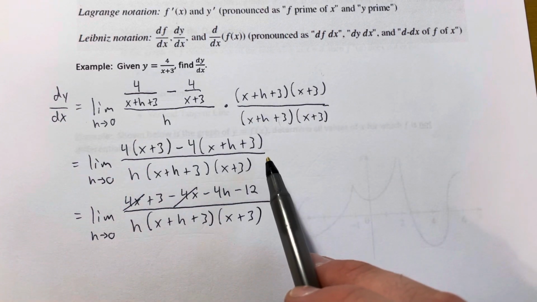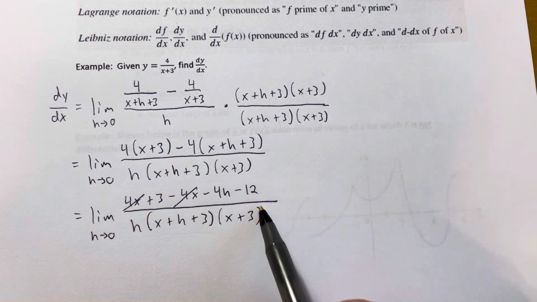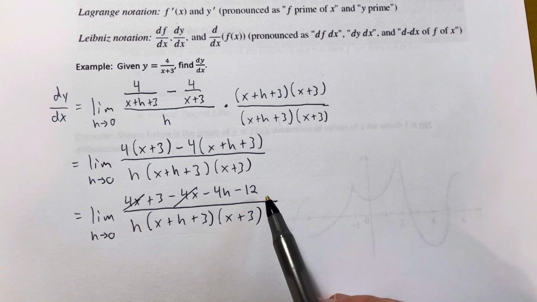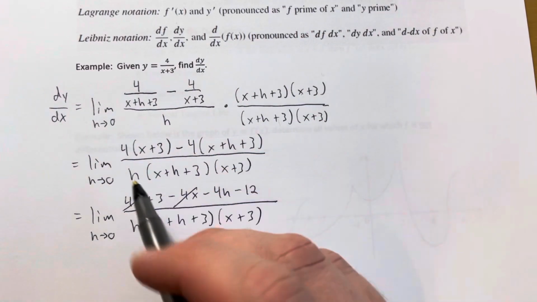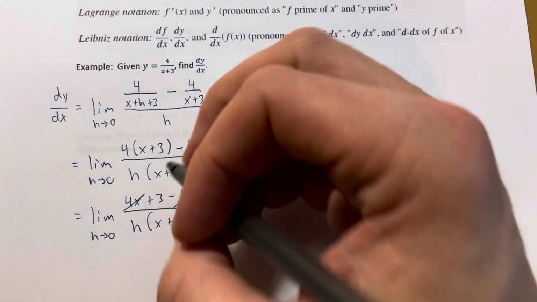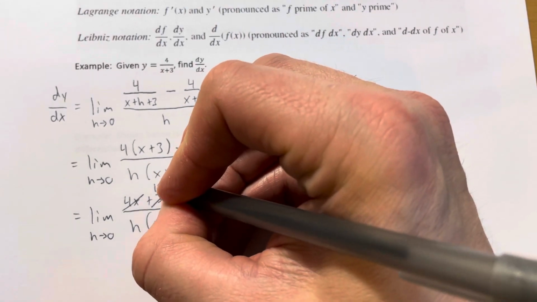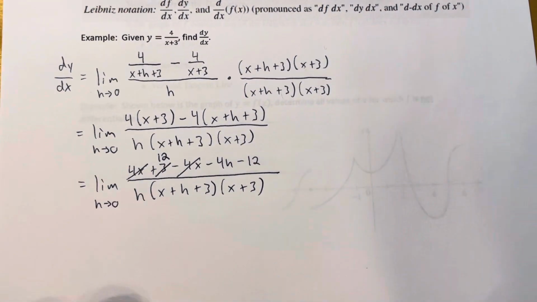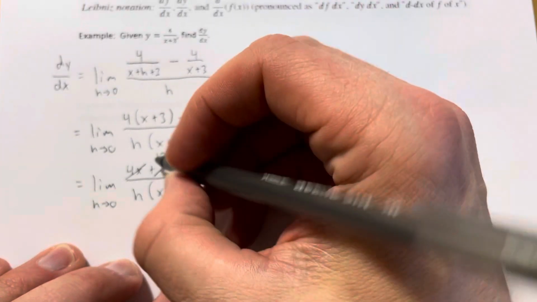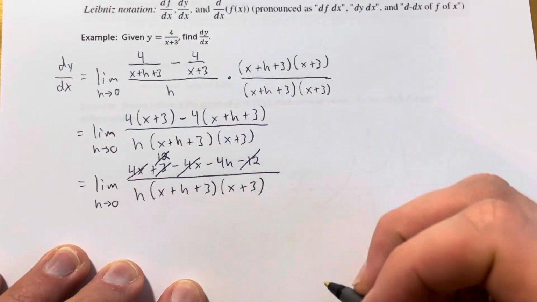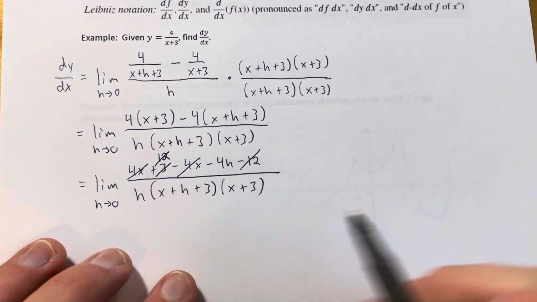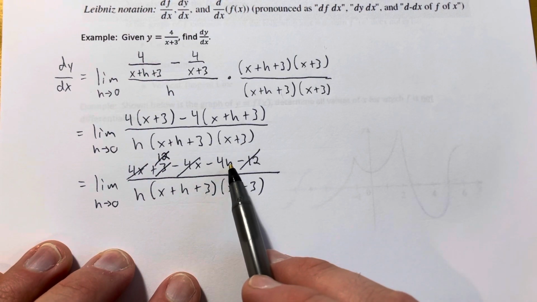What's missing here? Oh, I know what it is. I made a mistake here. 4 times 3 is 12. I just wrote plus 3. Things were not working out the way they should have. That's the reason why. So I should be getting this 12 and this negative 12 canceling. That's what happened. So what's left up here is negative 4 times h.